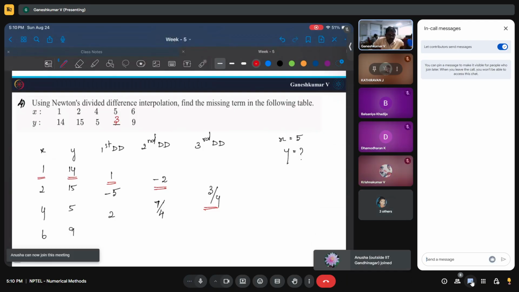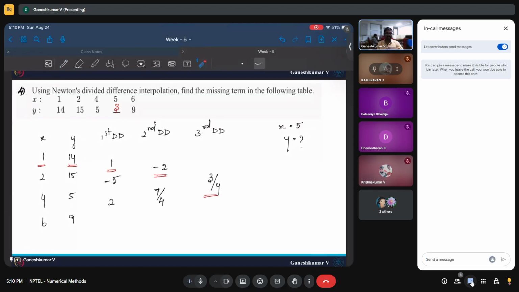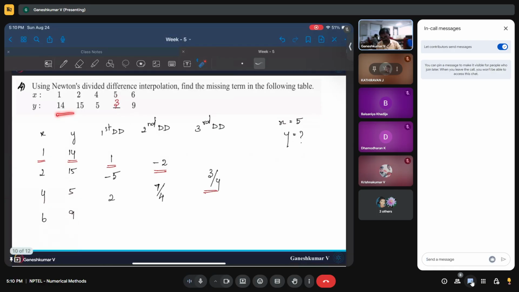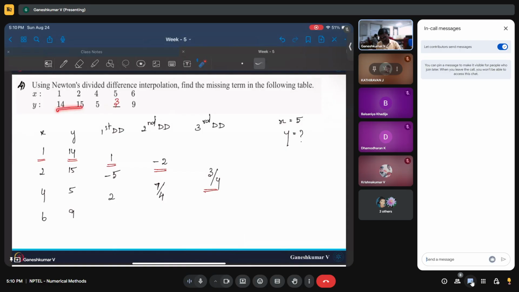This is how you do Newton's divided difference interpolation. Here you should note one thing. If we see an increasing trend, we expect it to increase. Here you see 14, 15, 5, and then a decreasing trend to here. But after 3, there is an increase to 9.